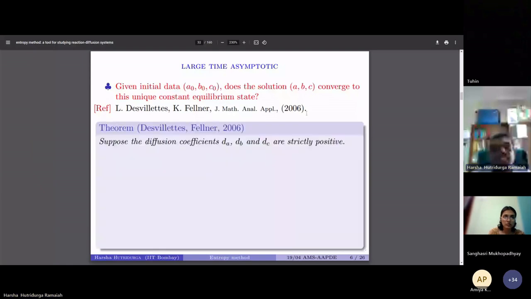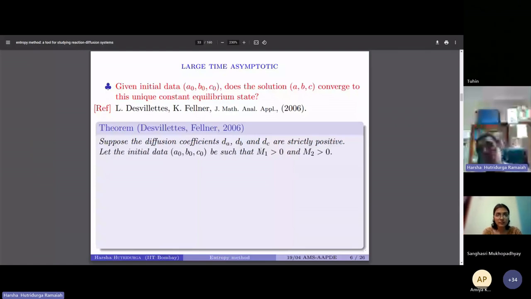This is a very important assumption that I want you to keep in mind: they assume that all the diffusion coefficients dA, dB, and dC are strictly positive in your reaction diffusion system. And you take your initial data A0, B0, and C0 such that M1 and M2 are strictly positive.